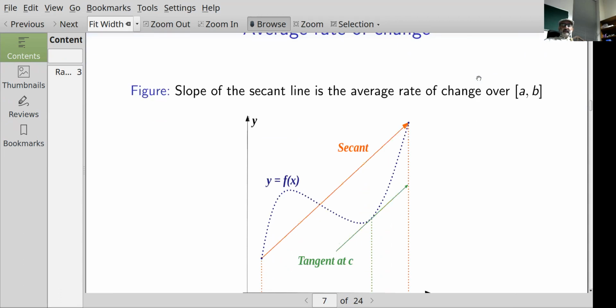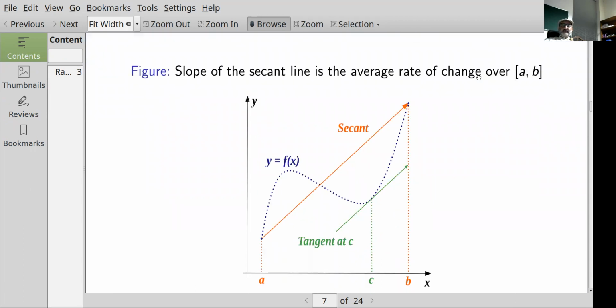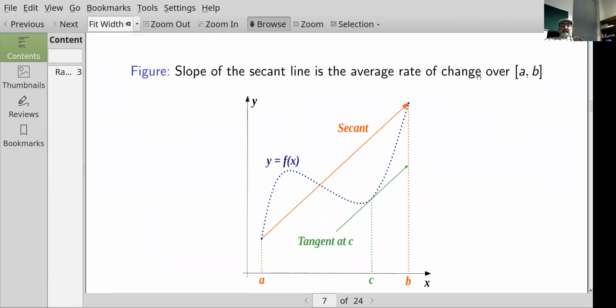Okay, so then we can consider an average rate of change. We have a function that's nonlinear, and its input is varying from a to b.